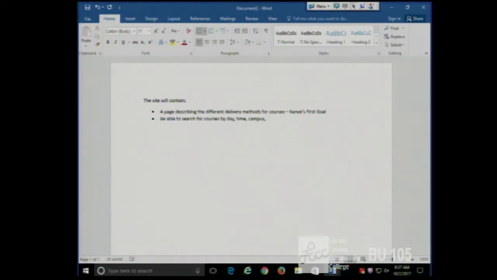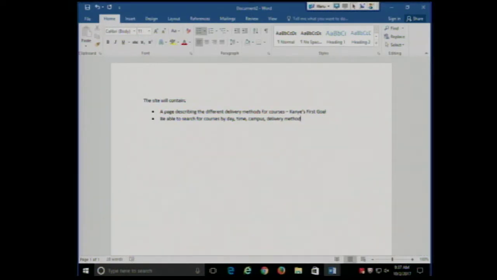All right? So if a user knows that they work day shift, they might want to search for only classes that meet in the evening, or vice versa. If a person knows that they have their kids' PTA meeting on Wednesdays, and therefore they can't make class on Wednesdays, they might do a search for classes that are not on Wednesday, that are on Monday, Tuesday, Thursday, and Friday.